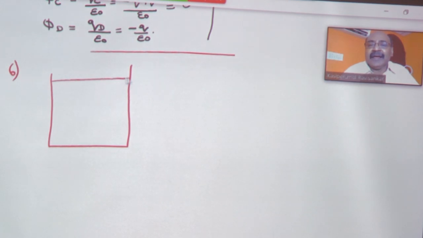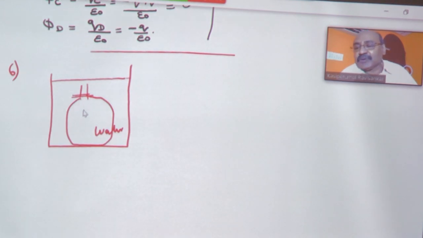water, and inside this you have a surface or a sac which has some charges. The charges are minus q here, plus 2q here, and plus q here.